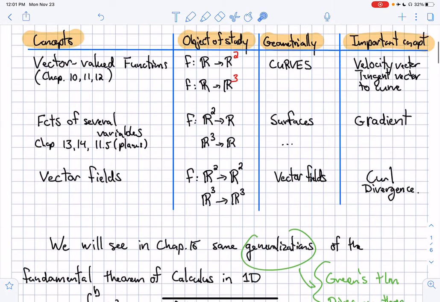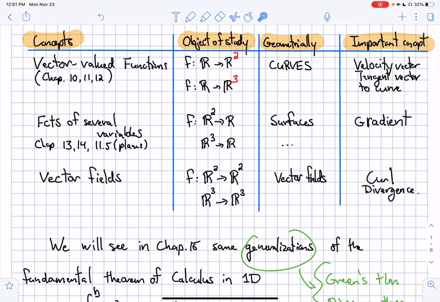All right. Then we moved to functions of several variables, that is functions from R2 to R, R3 to R, or Rn to R. And in this case, geometrically, we get a surface. Well, for R3 to R, we cannot really present it in 3 dimensions, I would need 4, but we can look at the level surfaces, etc. And the important concept here was the gradient.